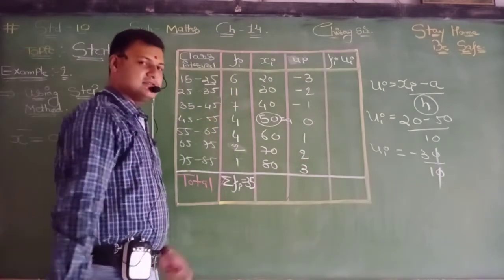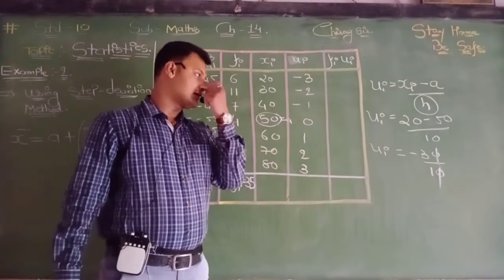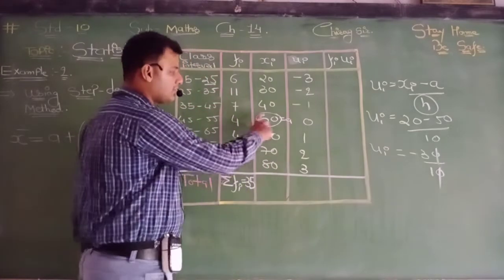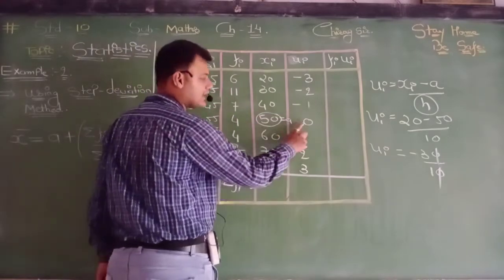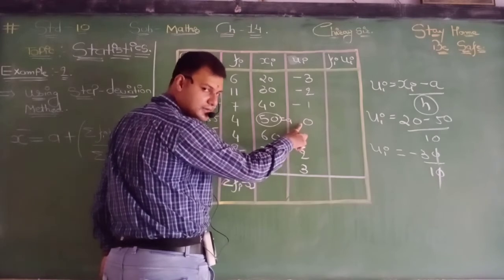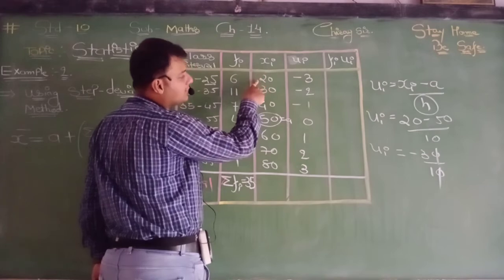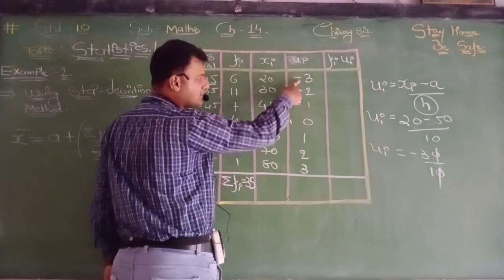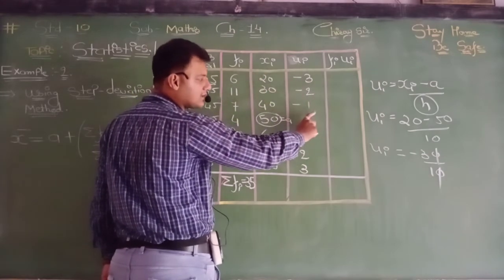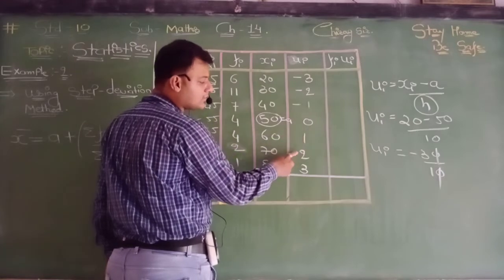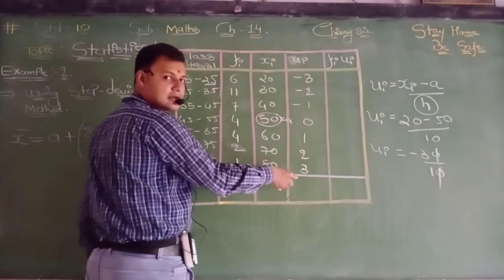Students, this is the beauty of the step deviation method. Whatever you assume as a, there will be 0, fixed. Then the first one you have to do: suppose you are getting minus 3, then write minus 3, minus 2, minus 1, 0, and again 1, 2, 3. Clear?